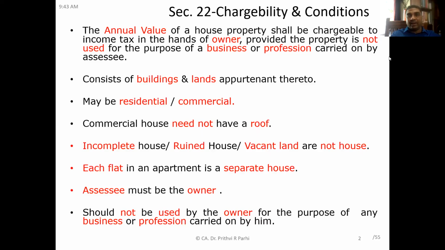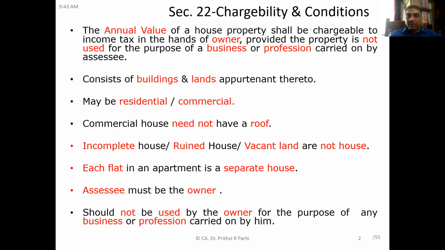First, let us try to understand the chargeability and what are the conditions attached to the concept of chargeability. As you have already seen, to understand the chargeability, you have to refer to section 22. With reference to section 22, we have to appreciate that the annual value of the house property shall be chargeable to income tax in the hands of the owner.